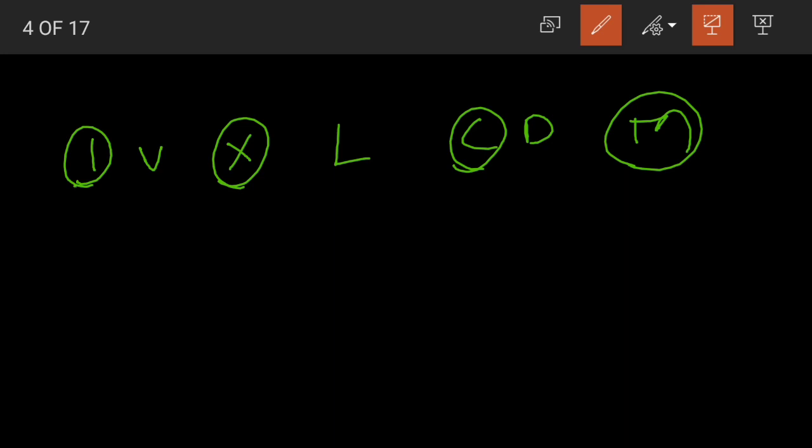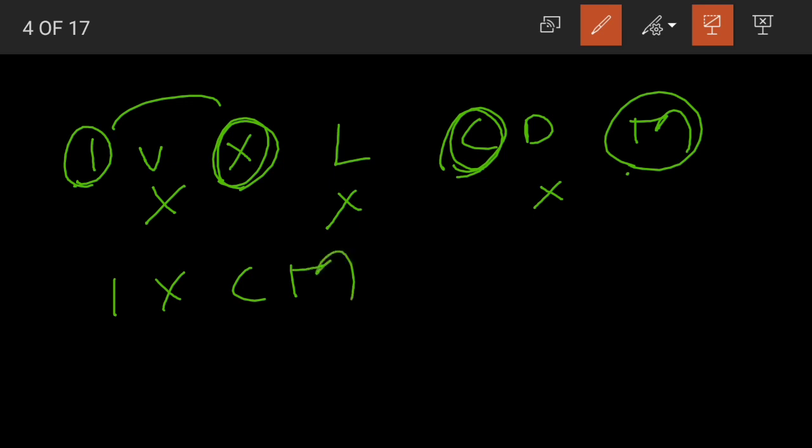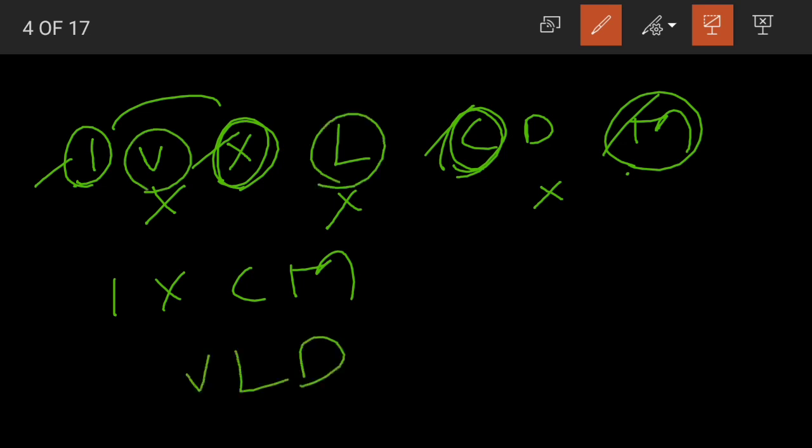I take the first symbol, leave the next one, take the next one, leave the next one. What did we get? I, X, C, M. And what are the remaining symbols? V, L, D.